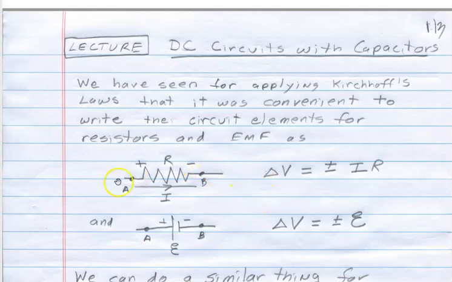Then depending on which direction you move across that circuit element, you choose the last sign you hit. So if you move from left to right, you'd choose the negative sign. If you were applying Kirchhoff's voltage law going from B to A, then you'd use the plus sign.